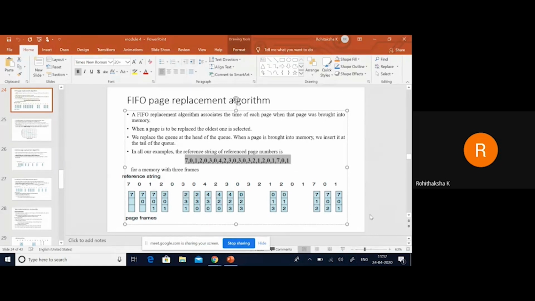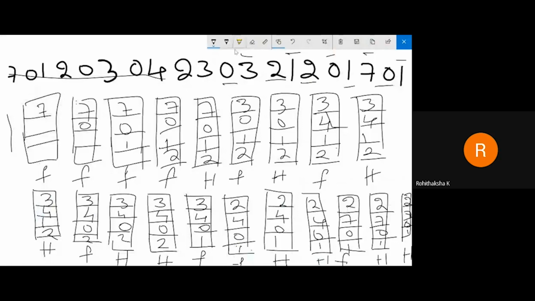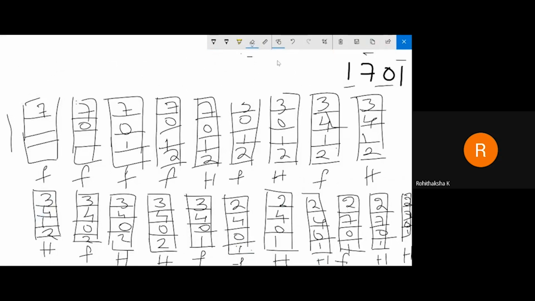Just a minute, I'll look at this one. It looks the same, no change in this, but when you take this, the page faults should increase.